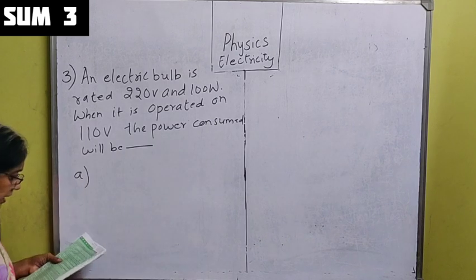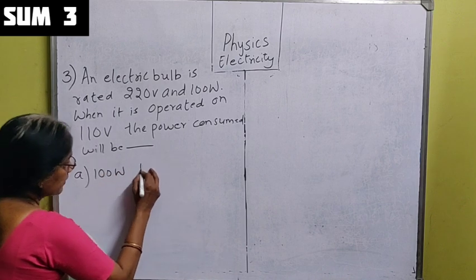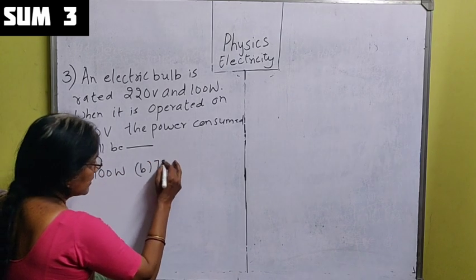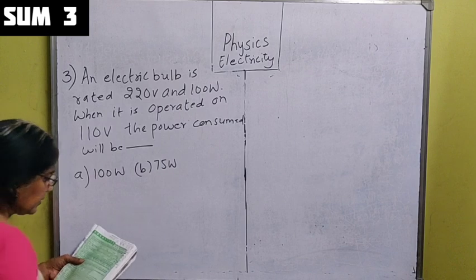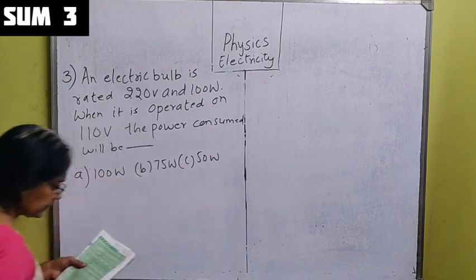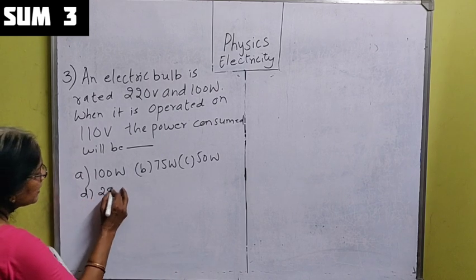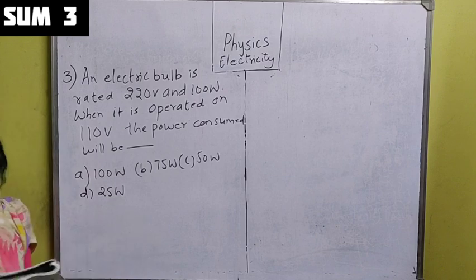Options are given. A option is 100 watt, B option is 75 watt, C option is 50 watt, and D option is 25 watt. So we have to find out.